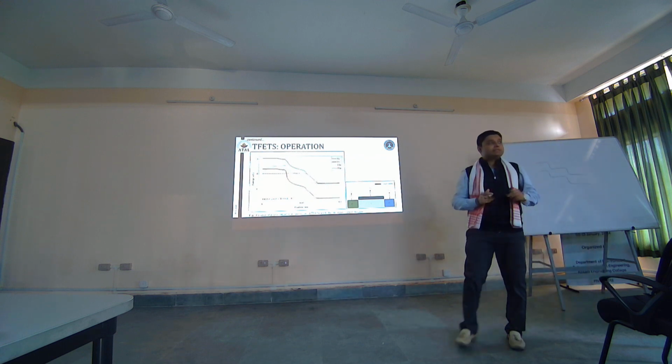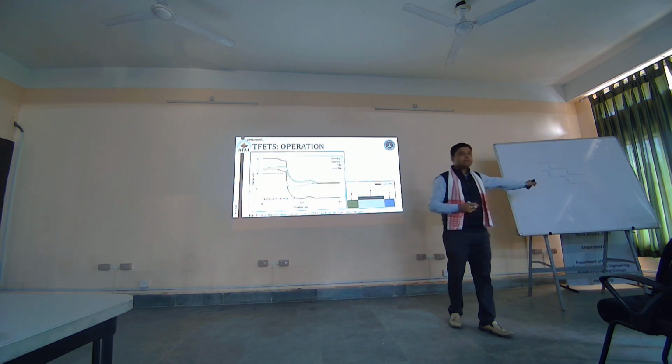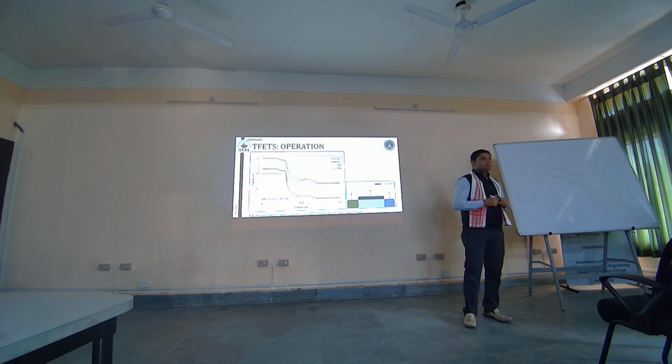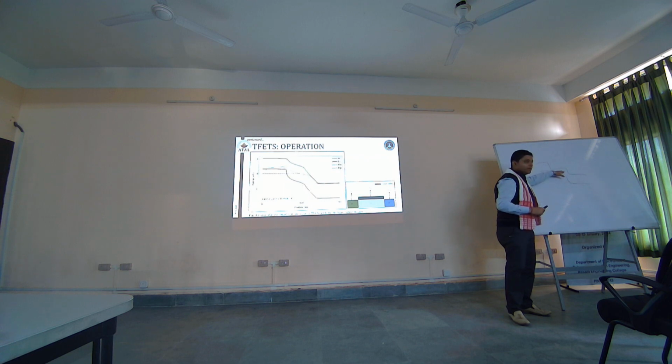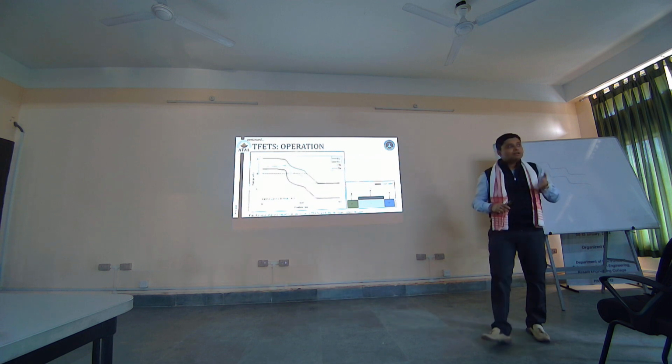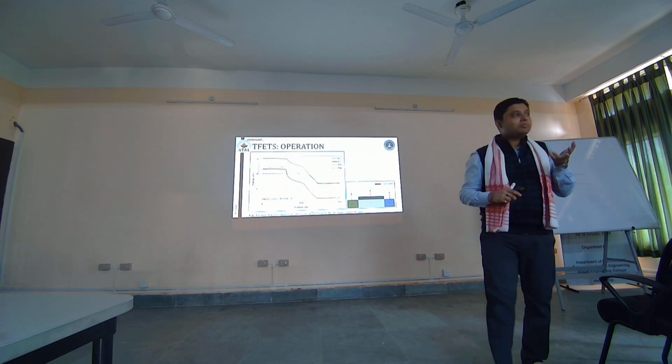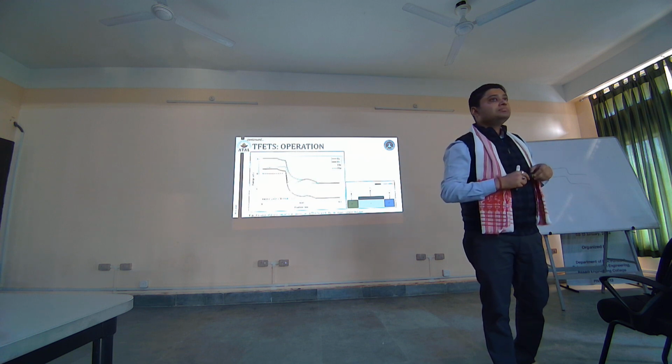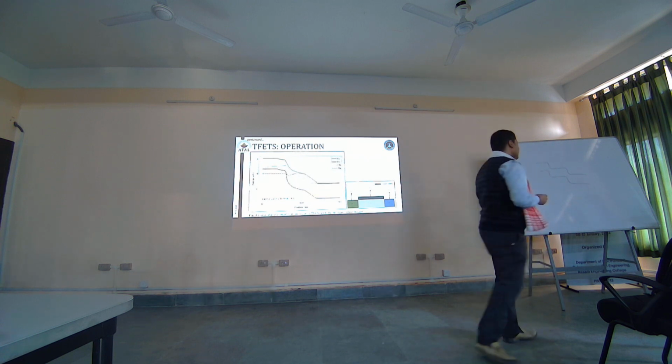Yeah, this is in its equilibrium or off state when I am not applying any bias. If I apply positive bias, then these bands are going to lower, and then you will have some overlap here, right? So that is what we want. Another, any disadvantage which you can get from here?